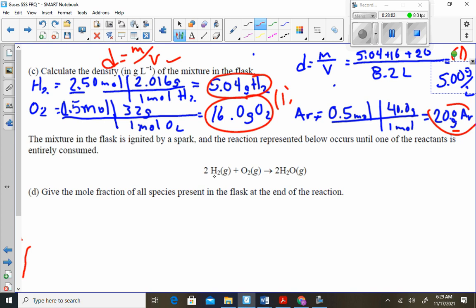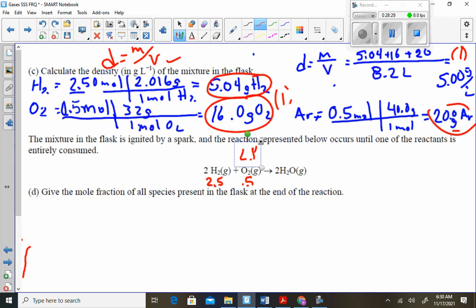So if we look at the hydrogen, if we started with 2.5 moles of hydrogen gas, and we started with 0.5 moles of oxygen gas, we can look at that and maybe kind of tell which one's our limiting reactant. And since they're in a 2-to-1 ratio, we know that oxygen is going to be our limiting reactant.